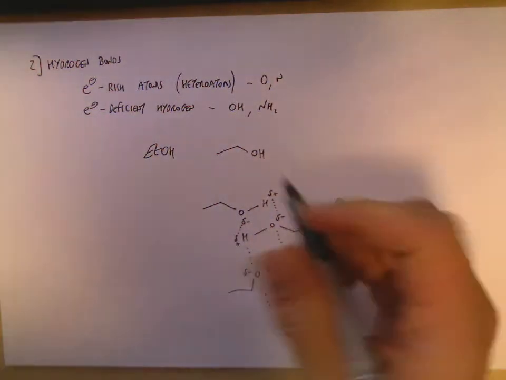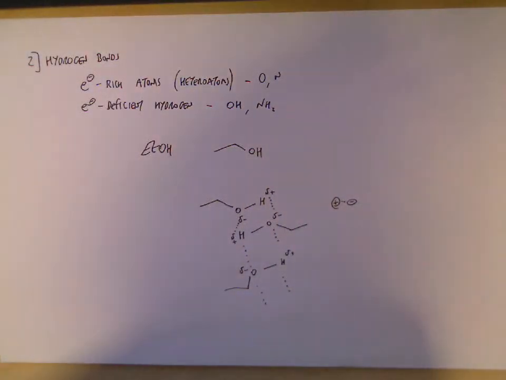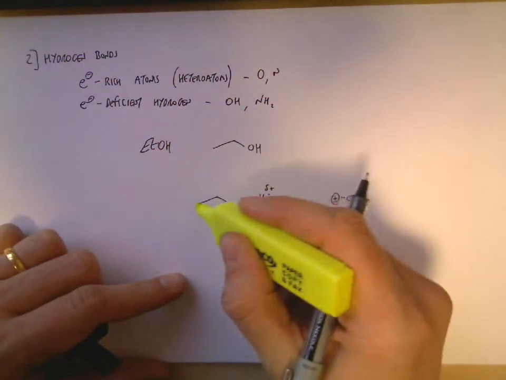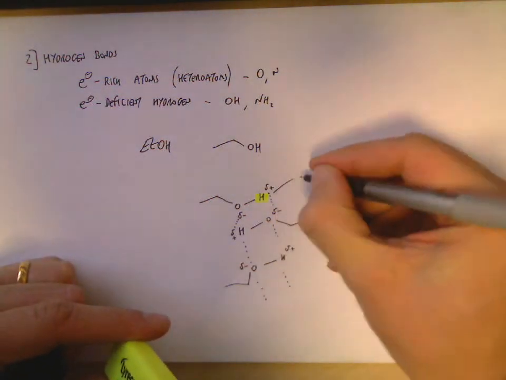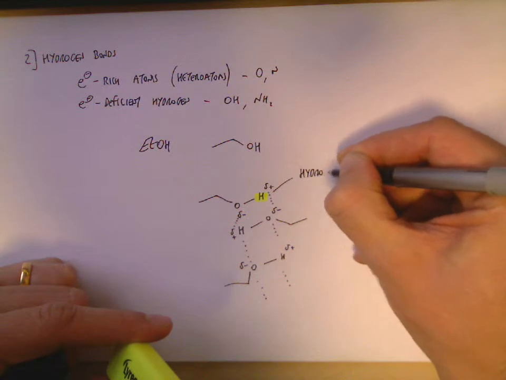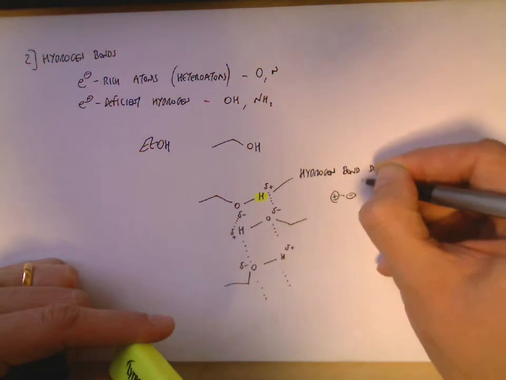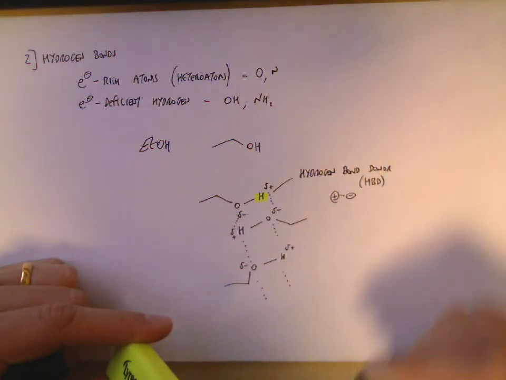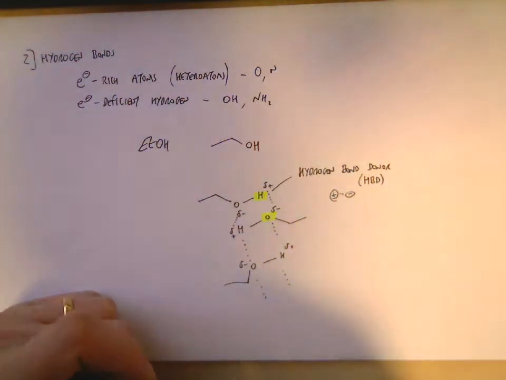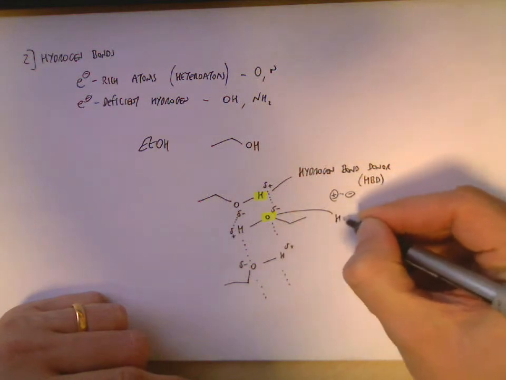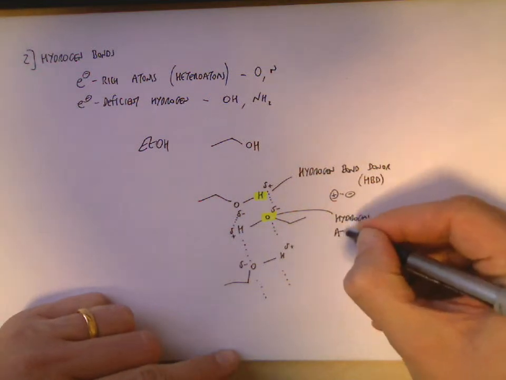In this particular case, ethanol here is acting as a donor of this hydrogen, so we say that this is a hydrogen bond donor, or HBD for short, and in this case here, this oxygen is acting as a hydrogen bond acceptor.